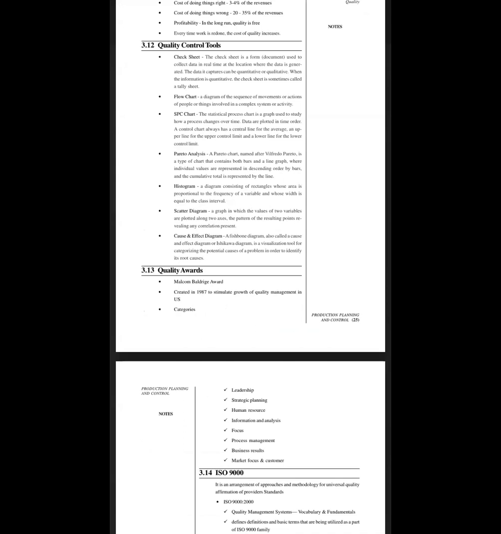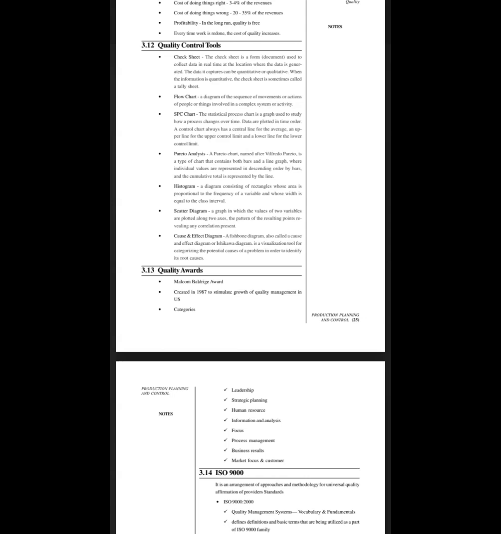This award was created in the year 1987 to stimulate the growth of quality management in the United States. In the United States, the business people created this Malcolm Baldrige Award.